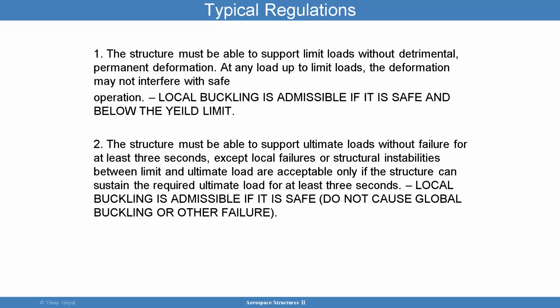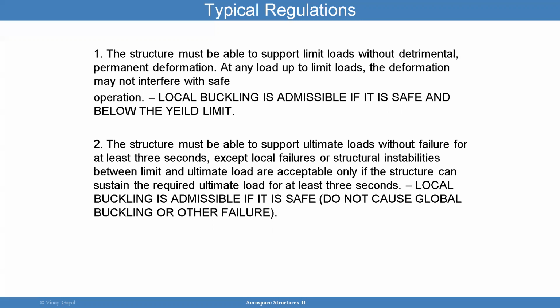Typical regulations: the structure must be able to support limit loads without detrimental permanent deformation at any loads up to limit load, and the deformation may not interfere with safe operation. Local buckling is admissible if it is safe and below the yield limit. The structure must be able to support ultimate loads without failure for at least 3 seconds.